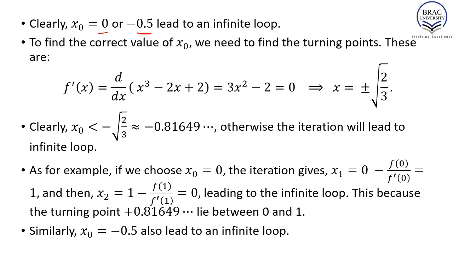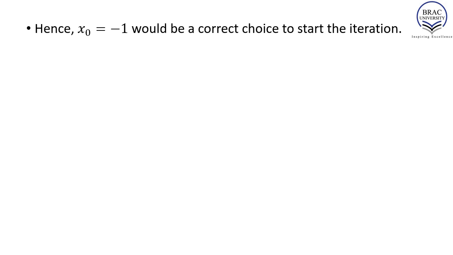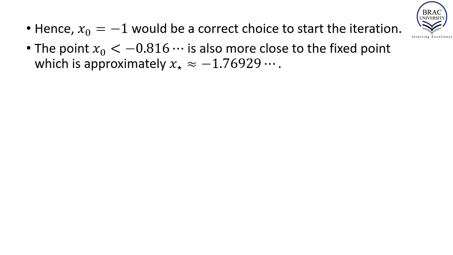Similarly, x equal to minus 0.5 also has the same kind of problem. Hence, x equal to minus 1 would be the correct choice to start the iteration. It is the correct choice because it is less than this value, since our turning point is minus 0.816.